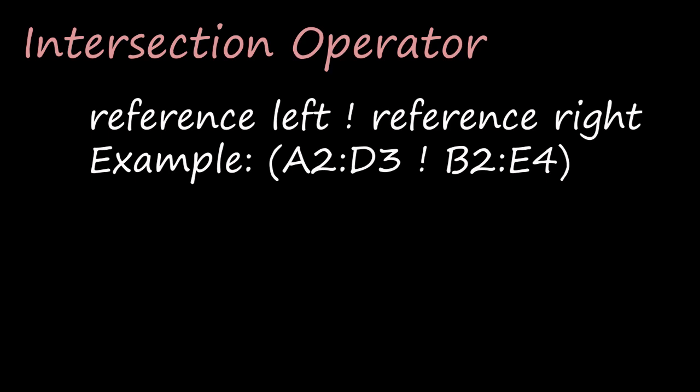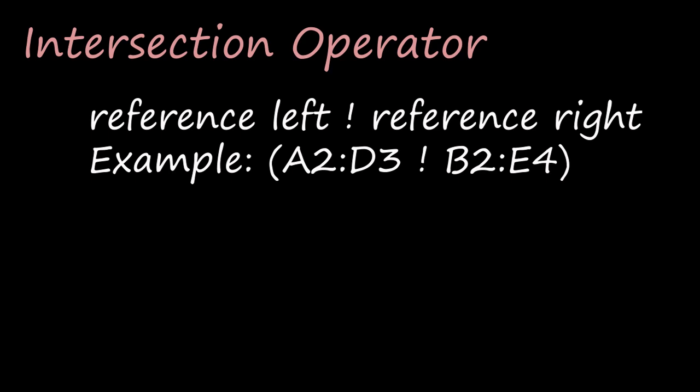If you see this example, here they have given A2 colon D2, then exclamation mark, B2 colon E4, right? That means range 1 is A2 colon D3 and range 2 is B2 colon E4, right? They have given this exclamation mark in between these two ranges for the intersection of range 1 and range 2.